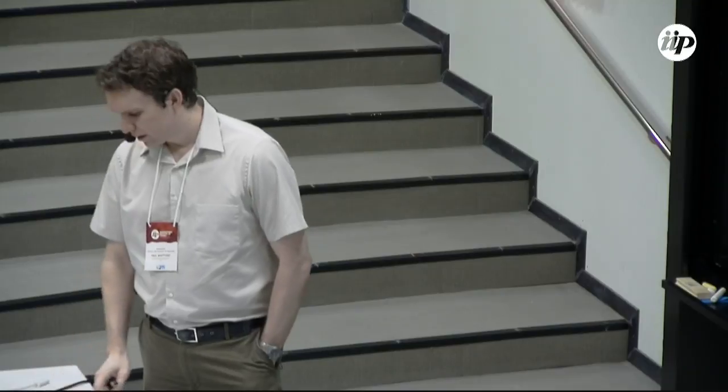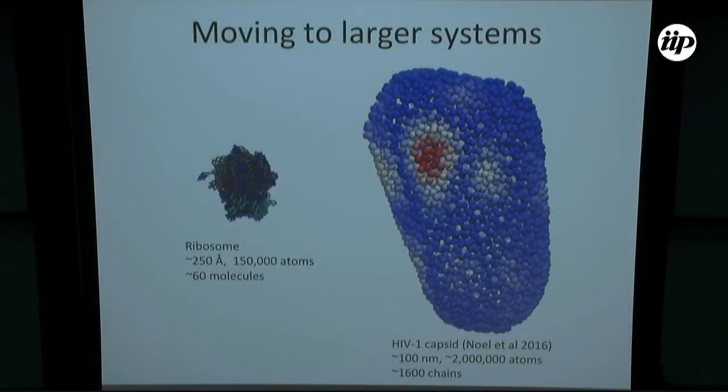For a little bit of motivation, this is the ribosome, which I was telling you about when I started looking at the ribosome about 10 years ago. Everyone thought it was a bit outrageous that we would apply these models to something this large, and that was pretty much the biggest thing that had a full atomic structure available.